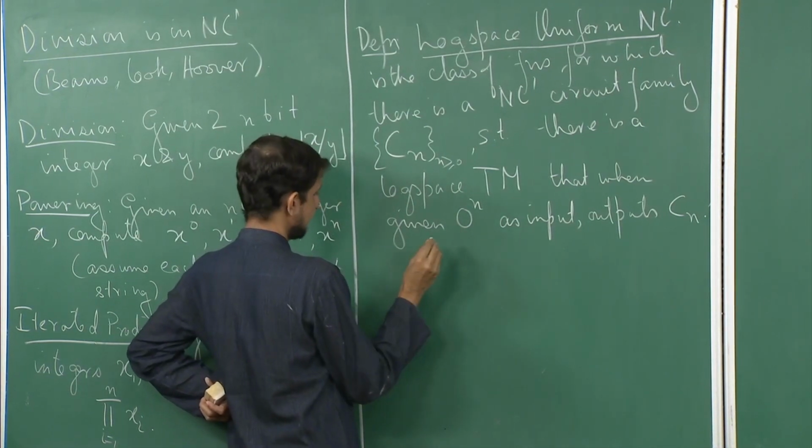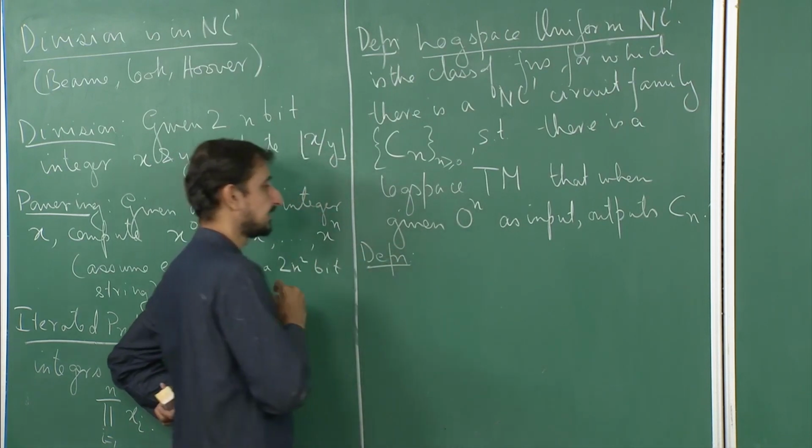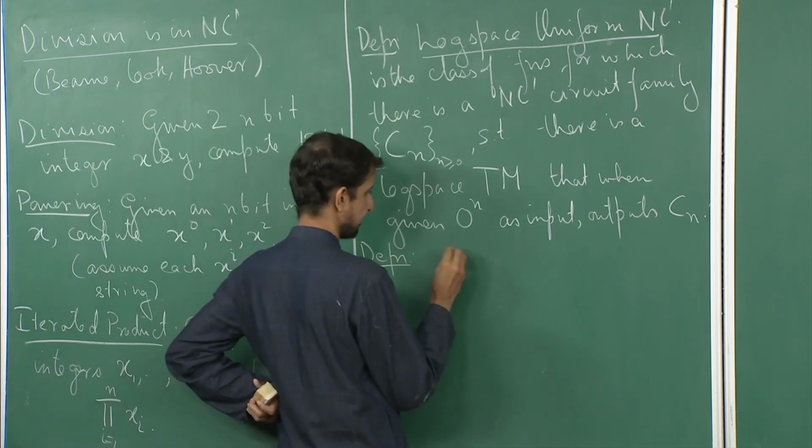So this is log space uniform NC1. The next definition that I want to give is that of NC1 reduction.